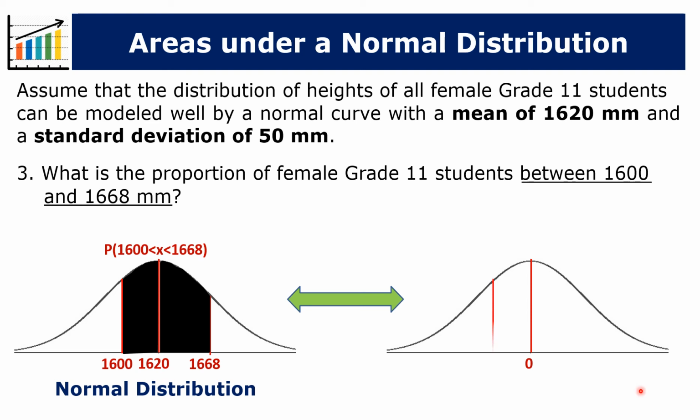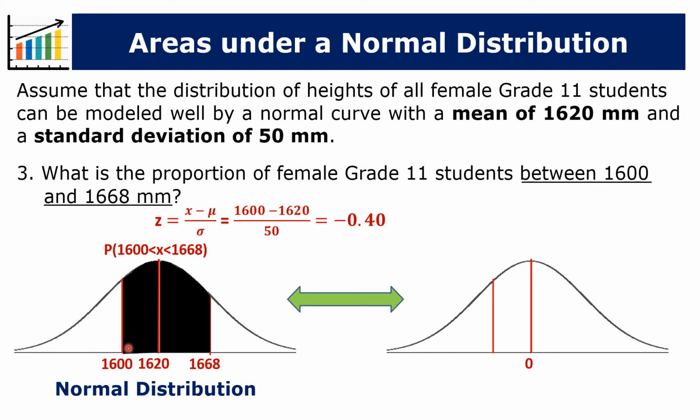Now, we are going to convert 1,600 and 1,668 into z-scores. We are going to use again the formula z is equal to the value minus the mean divided by standard deviation. Now, for 1,600, we have here 1,600 minus the mean, which is 1,620, divided by the standard deviation, which is 50. So, we have the value negative 0.40.